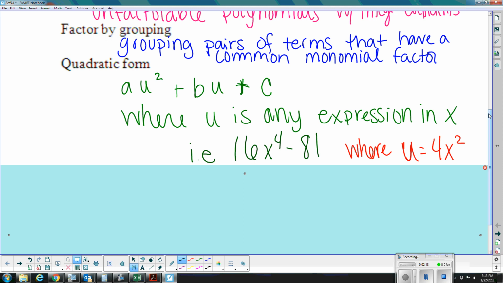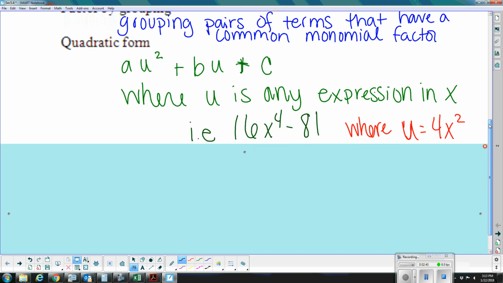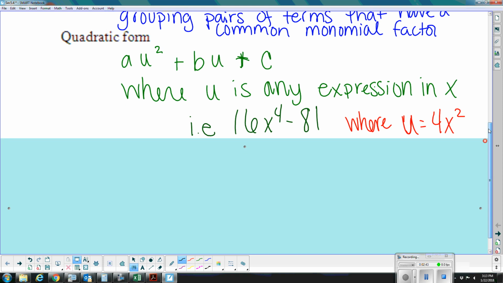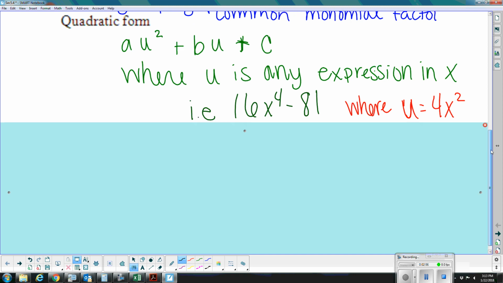So, for example, in this quartic function, 16x to the fourth minus 81, you can write that 16x to the fourth as 4x squared, squared. Okay, so you can rewrite that 16x to the fourth as 4x squared squared, and you can factor it even beyond that, but it's 4x squared squared minus 81, and that's what we mean by quadratic form, where we have a squared binomial or trinomial, and then you're adding that to some term times that binomial or trinomial.